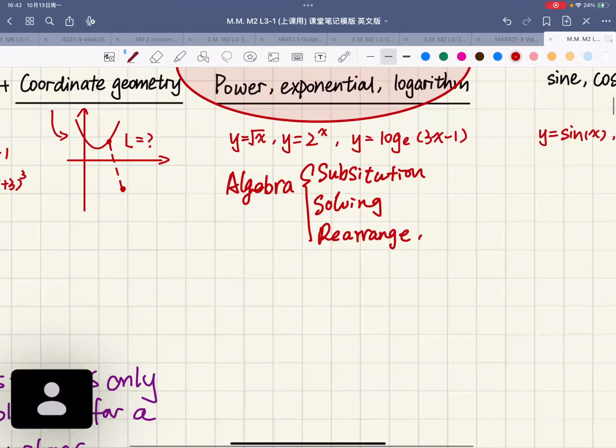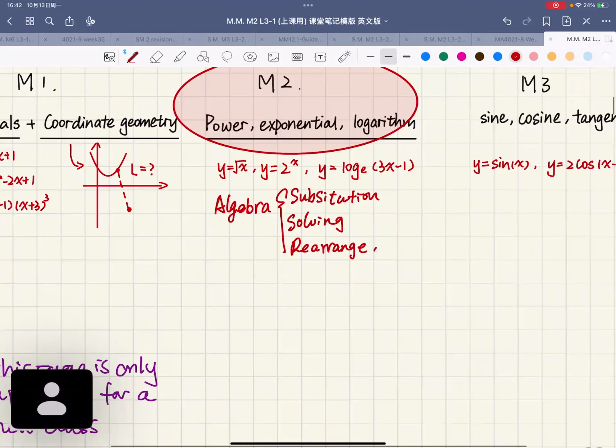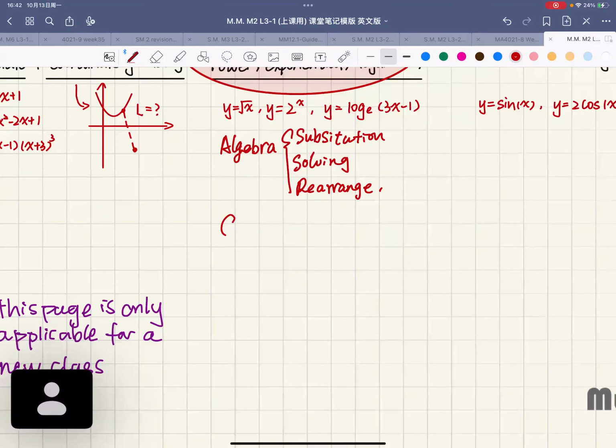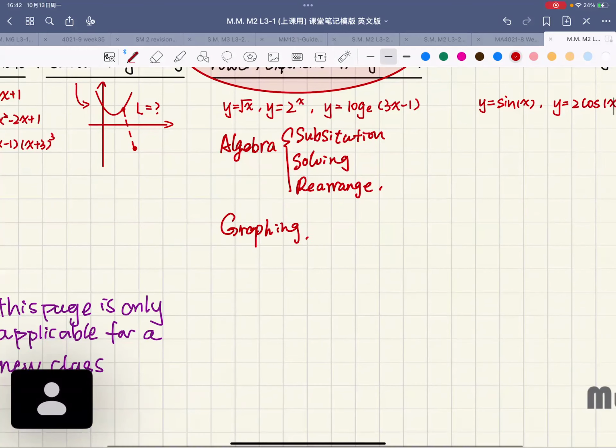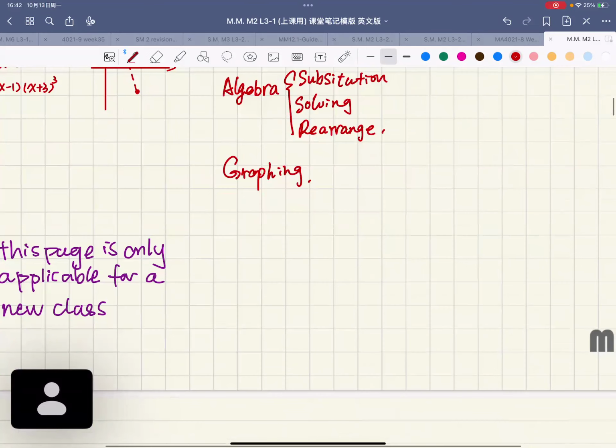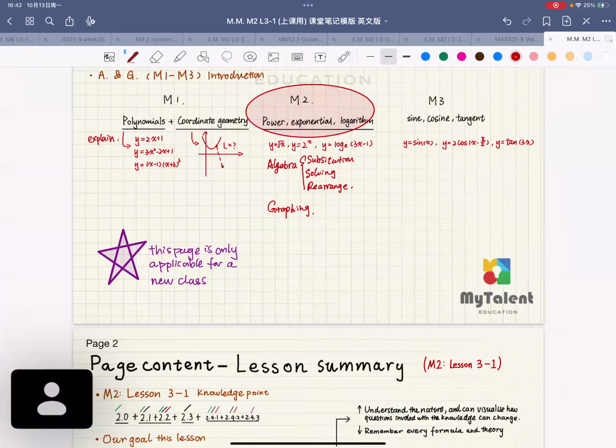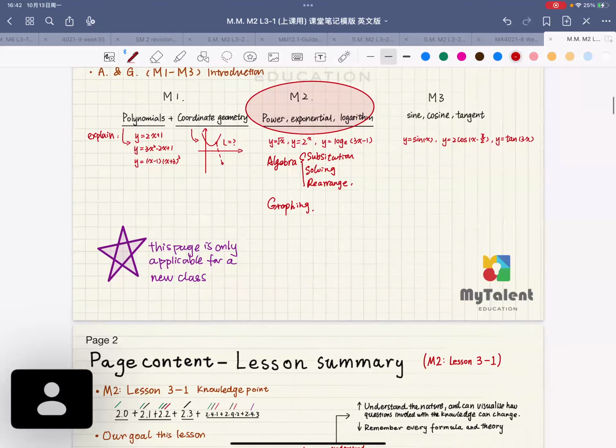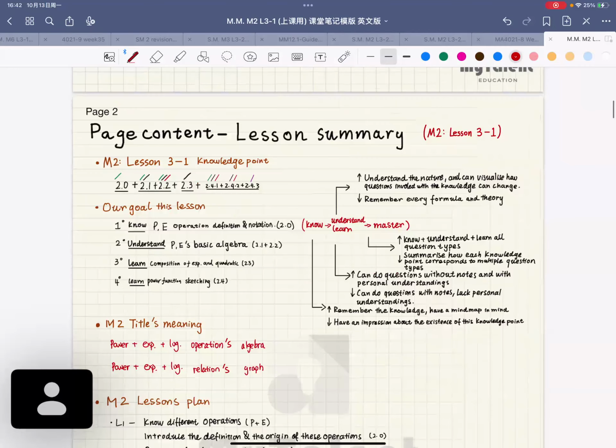That's one perspective, algebra. The other one is graphing. You plot your graph. When you have a function, you have algebraic relations, and also graphing. Module 1 is about polynomials, and module 3 is sine, cosine, and tangent. Okay, let's move on.